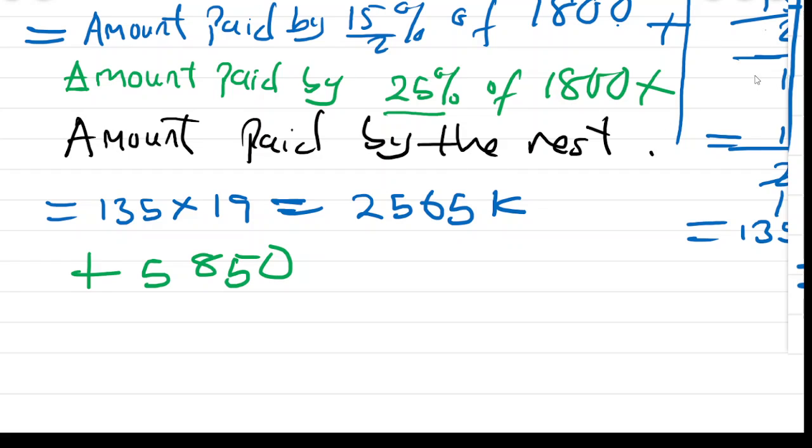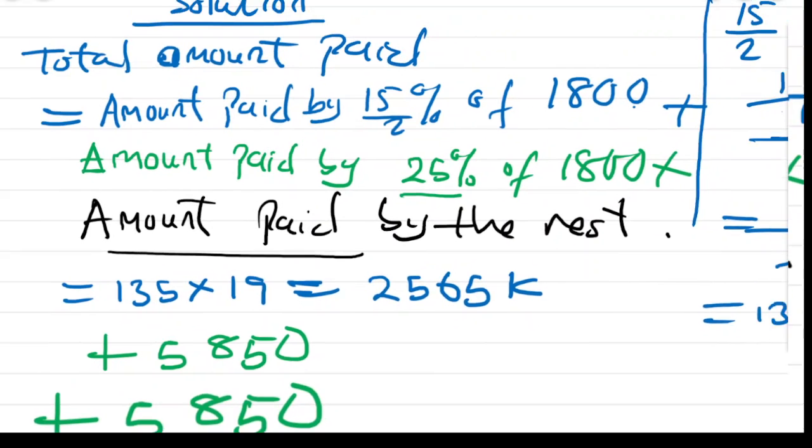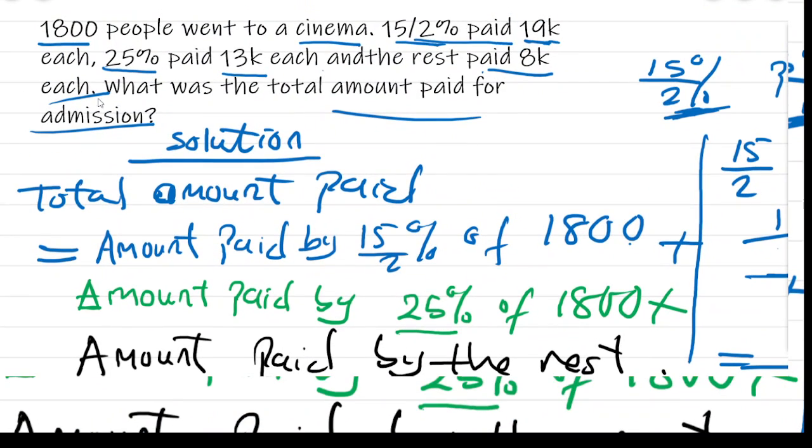It remains to find out how much the dark people paid. Here there's no percentage given for them. We're only told that they paid 8k each.